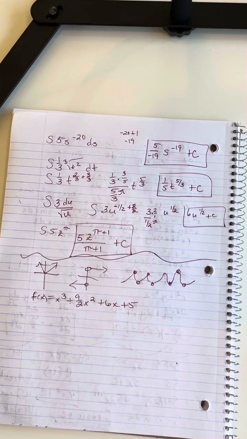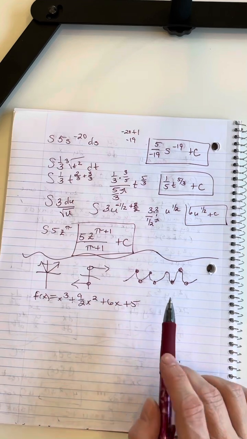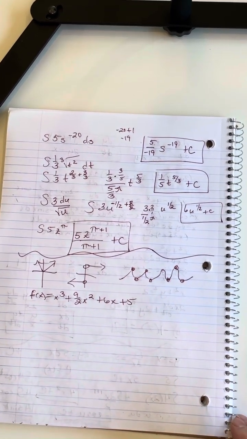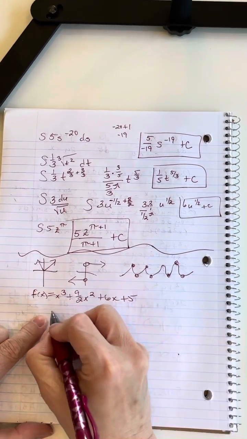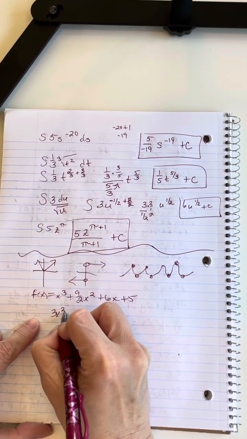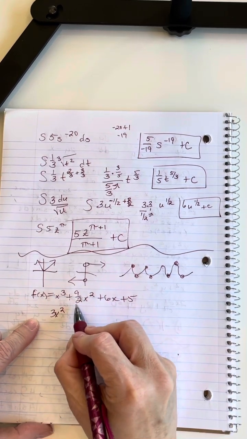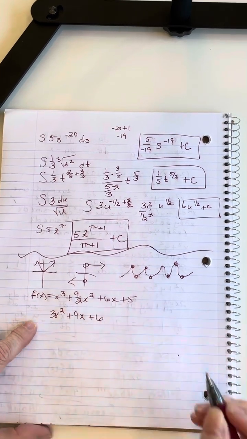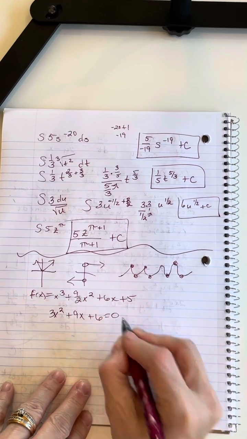So we're going to derive to find the critical numbers, the places where I would have peaks and low points, or slopes that are 0. So to do that, we're going to derive. So then that's going to give us 3x squared. And then when I multiply this 2, it cancels with the denominator. So that just leaves me with 9x plus 6. And of course, the 5 drops off. And we want to set this equal to 0.